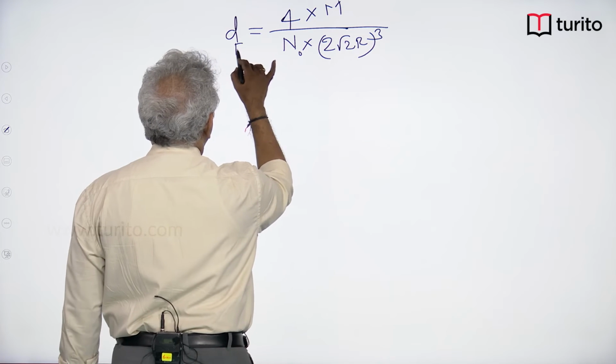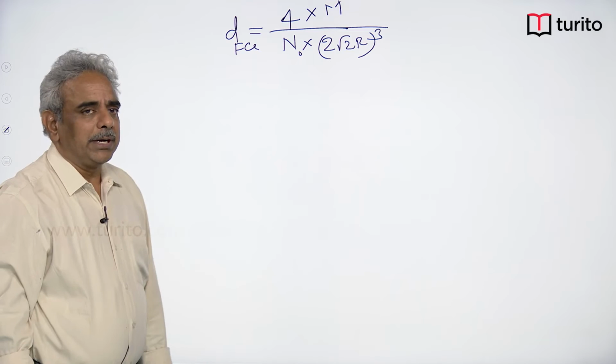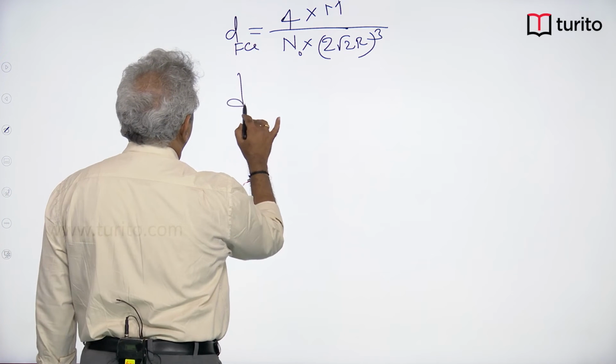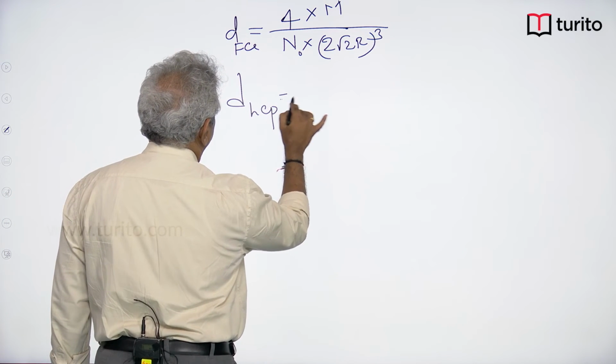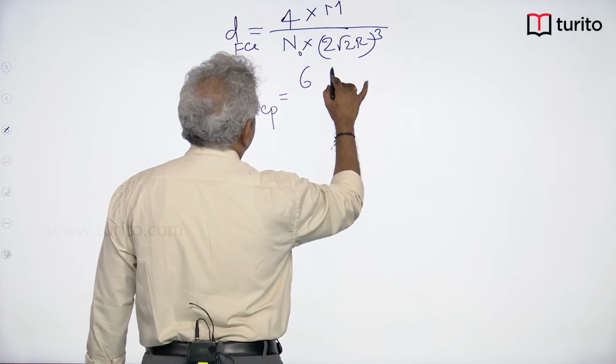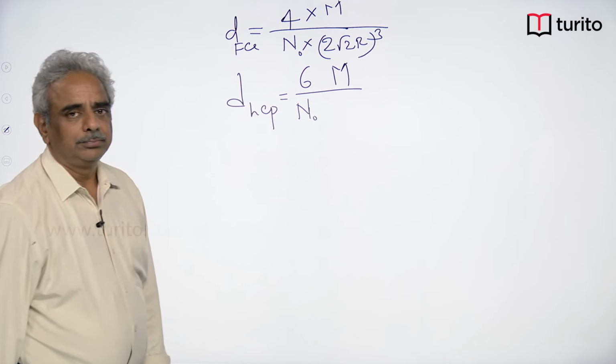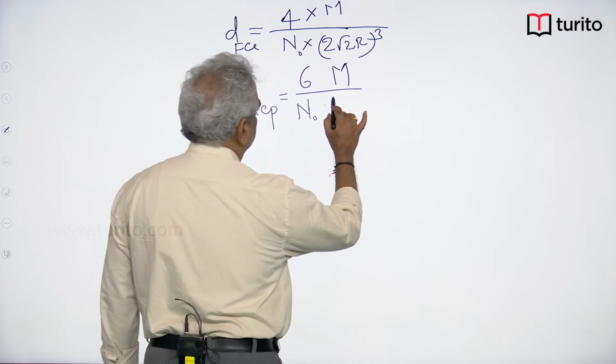So, this is the density of FCC unit cell. What will be the density of HCP unit cell? There are 6 atoms per unit cell we calculated, and each atom has M by N naught mass, and I do not know the volume.